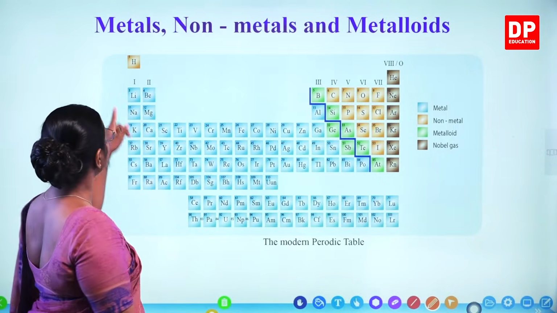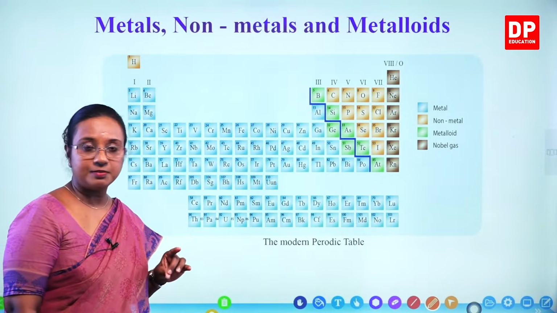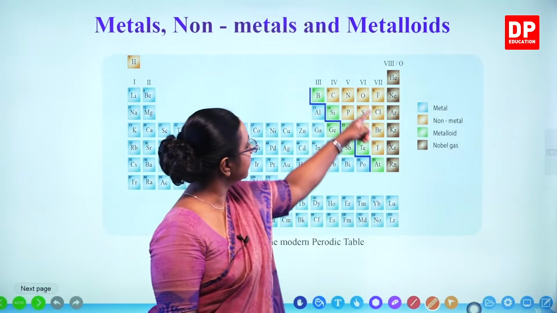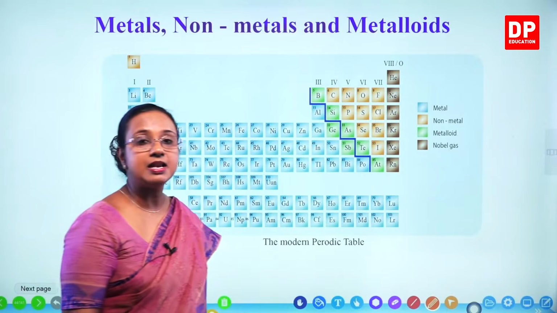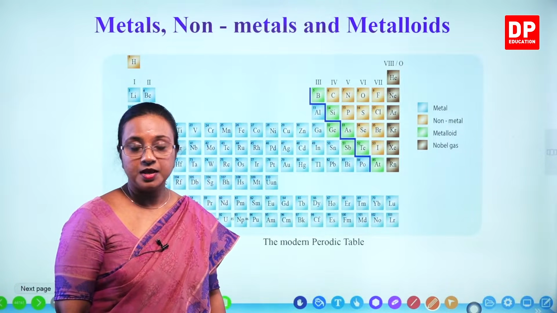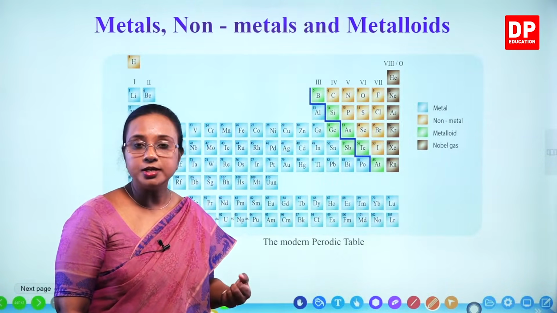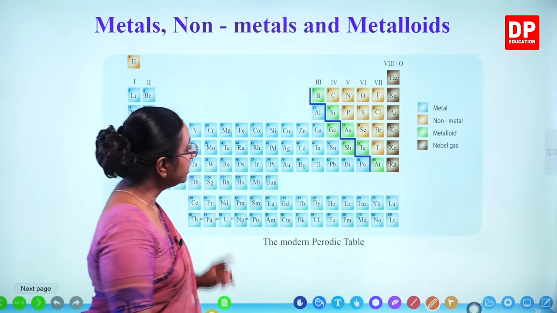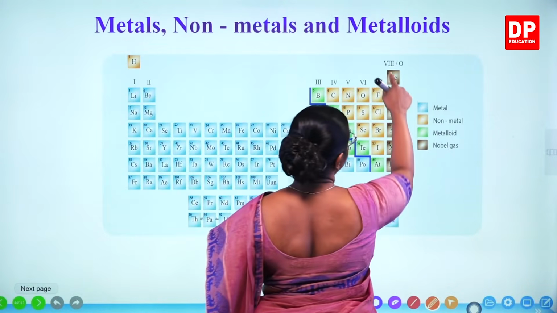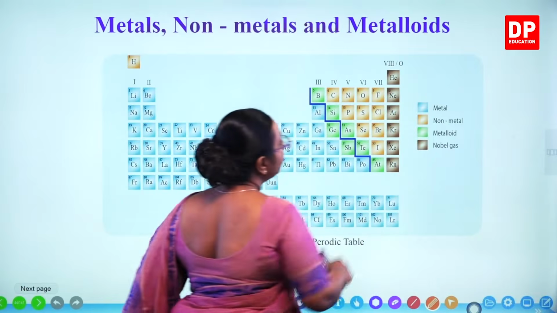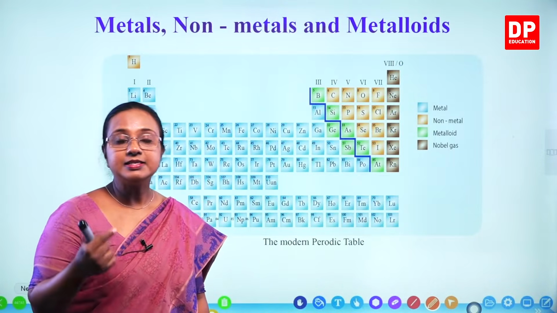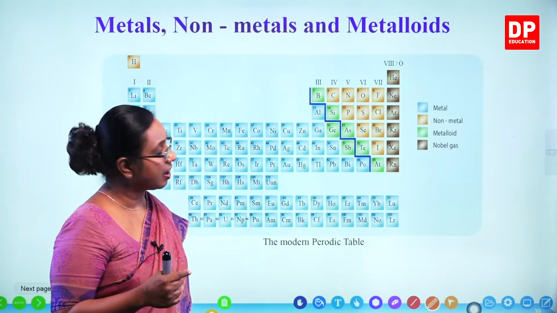Then you can see hydrogen is in light brown color and these elements are again in light brown color. Those are the non-metals. In addition to these non-metals, you can see this group 8 that is colored in dark brown.